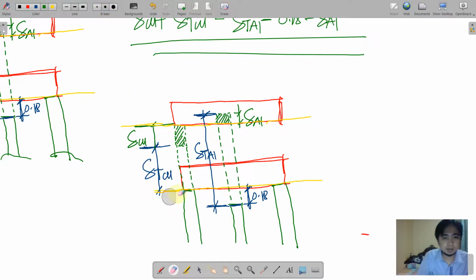Say your line is the green one now. For example, if you choose to have an upper line here coinciding to the topmost fiber of the aluminum, you can also do that.